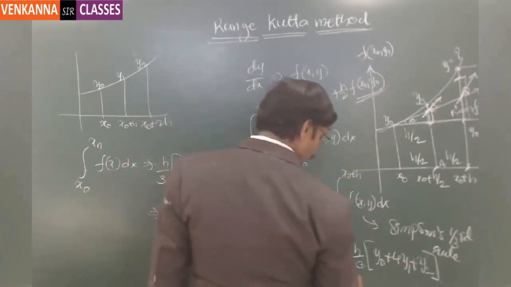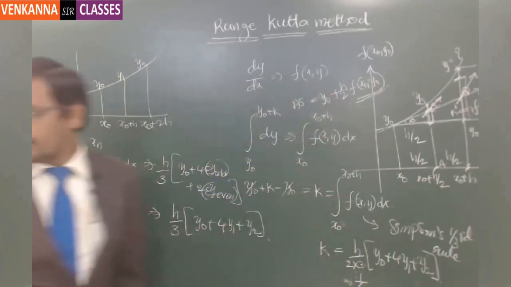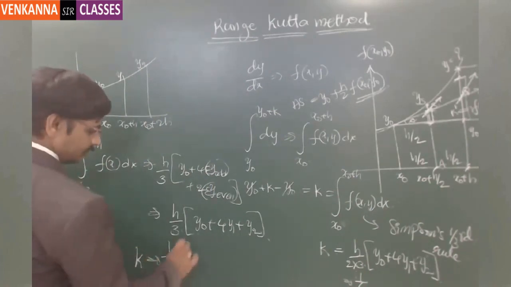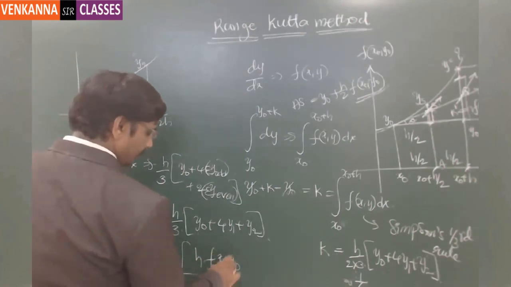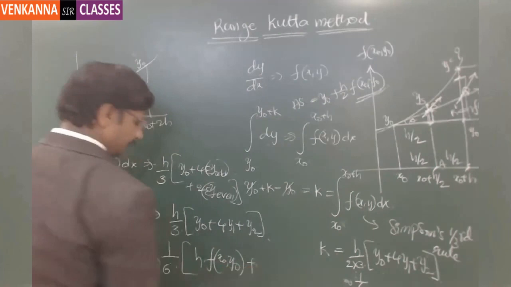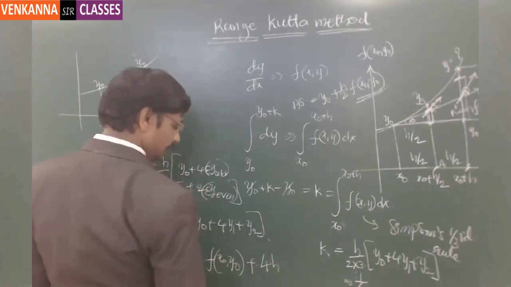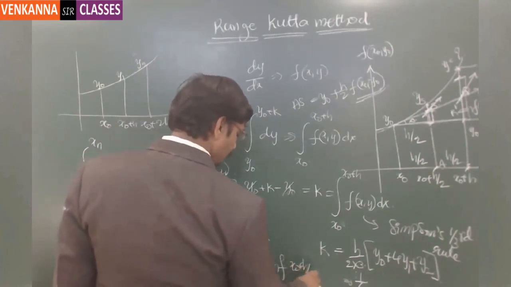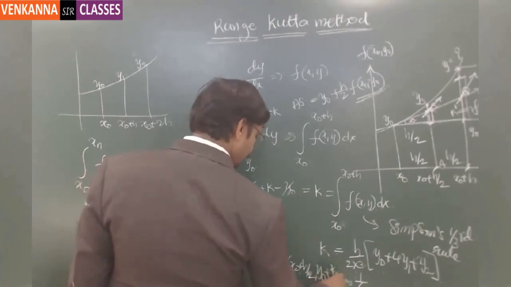So this is going to be h, so 1 by 6 times of, I'll write it here, k is equal to 1 by 6 times of h times of f of x naught y naught plus 4 times h times of f of x naught plus h by 2 comma y naught plus k1 by 2.